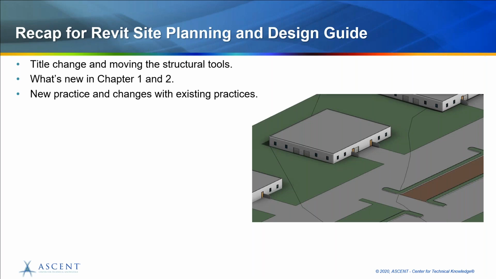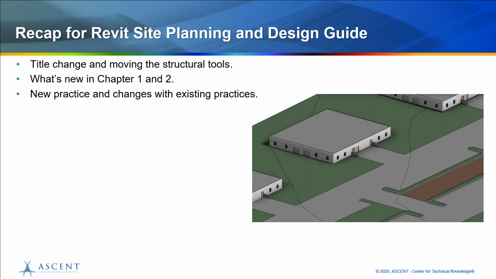We talked about sending the structural tools to the appendix, not because it's bad, but just because it needed more focus. We talked about adding terminology, expanding on Revit's coordinate systems, adding in linked files and managing them, and then relocating the project.